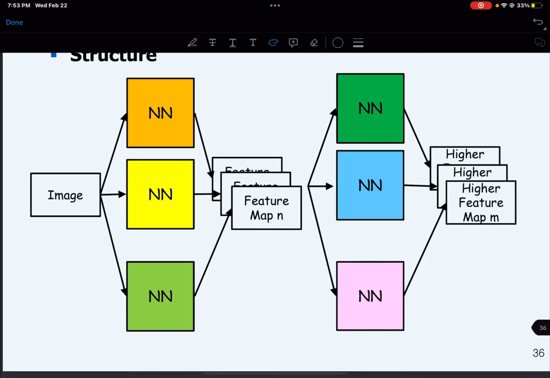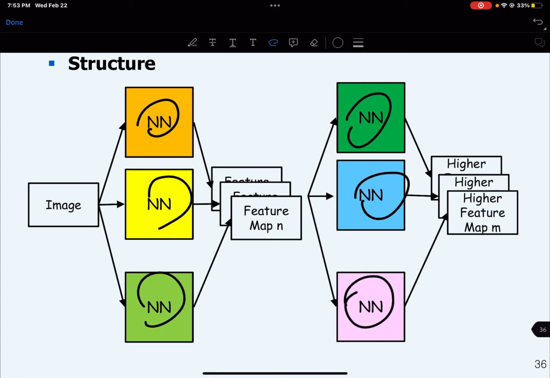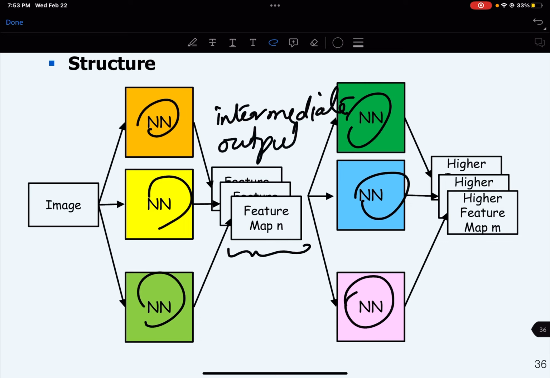So each of these components can be represented by a neural network. Here we have the intermediate outputs. We still don't have the final output, which is the classification.